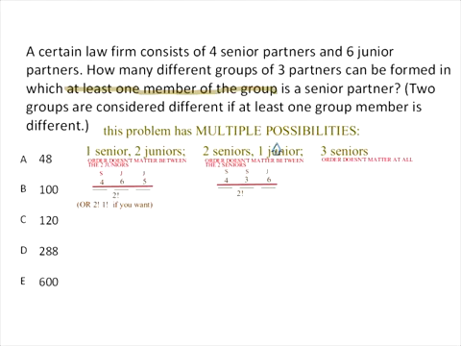And then with 3 seniors, this is a little bit more straightforward. 4 seniors to start with, so we can just do 4, 3, 2. And then what is this divided by in the text box? This is divided by 3 factorial.